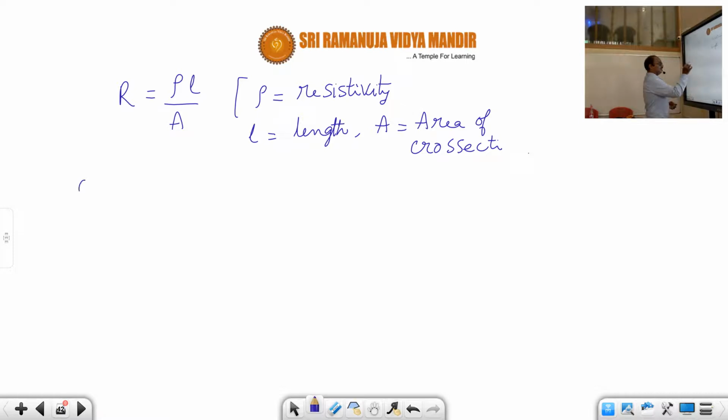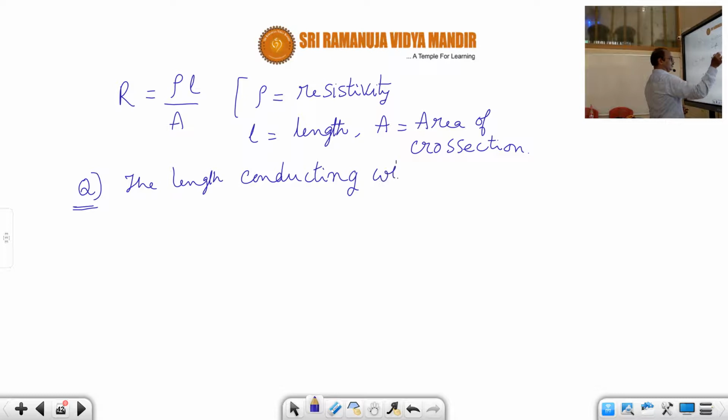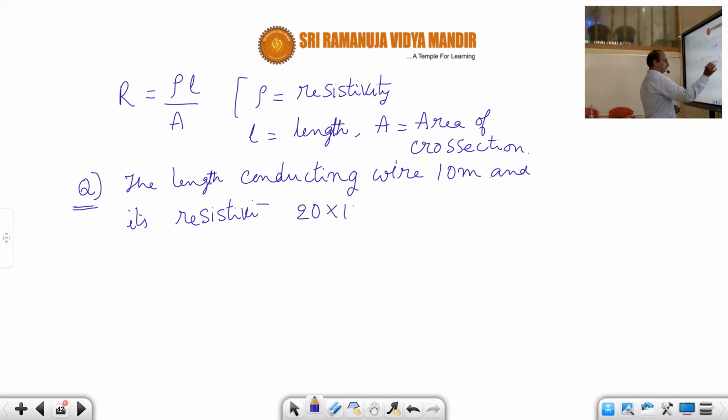Okay, now I'll do one problem. Suppose the length of the conducting wire is, say for example, 10 meters, and its resistivity, say for example, is 20 into 10 to the power minus 10 ohm into meter.